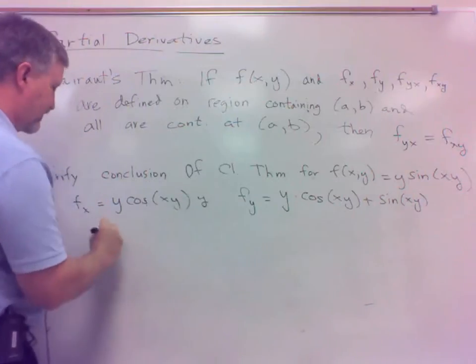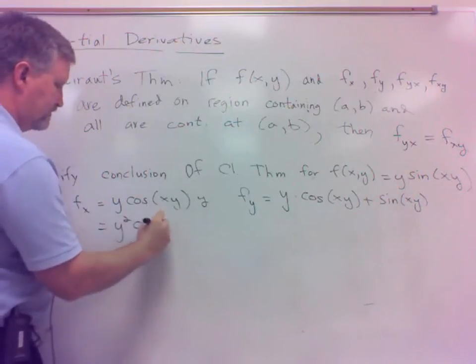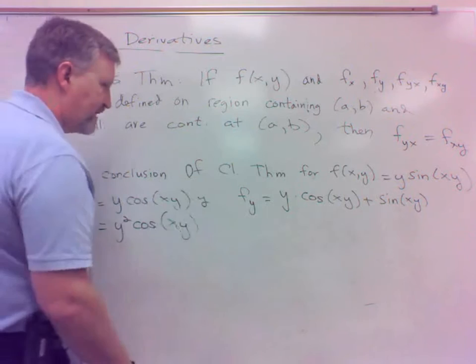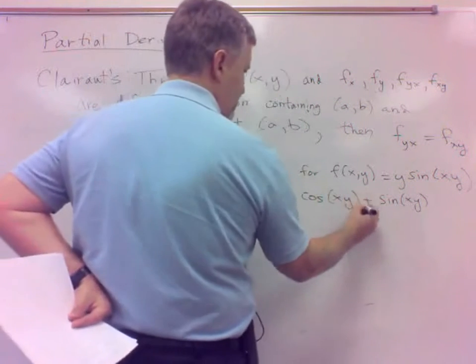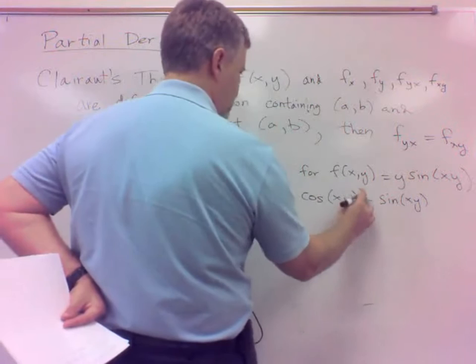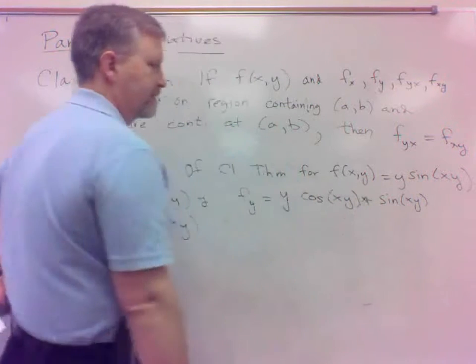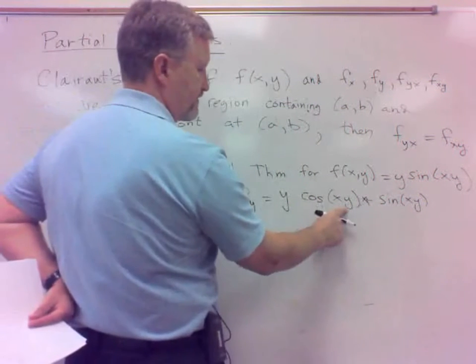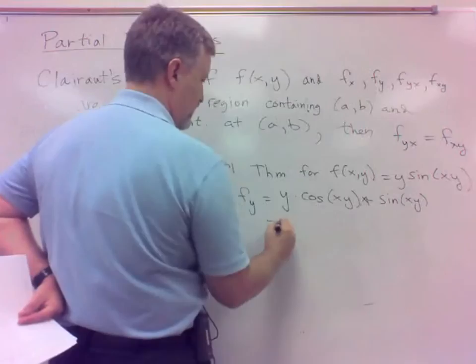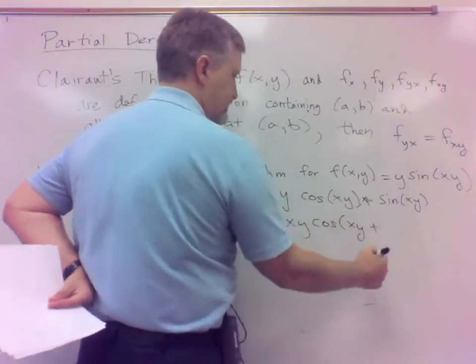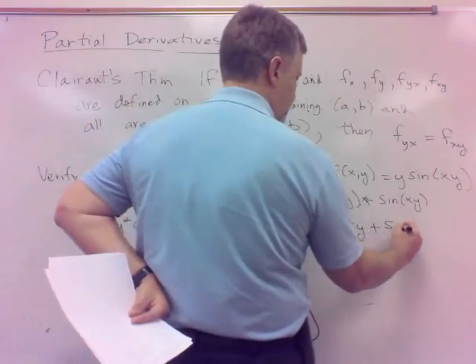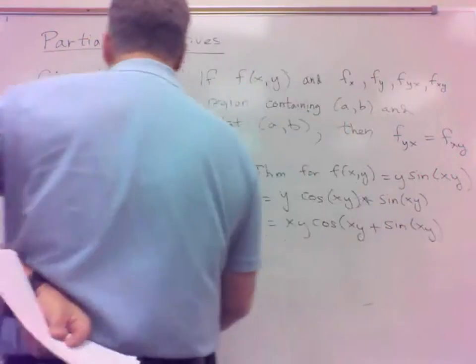So it's y squared. I better do that because it'll mess me up. All right, so the same thing here. This would be times the x, because the derivative of the inside with respect to y would just be x. So it's xy cosine xy plus sine of xy.